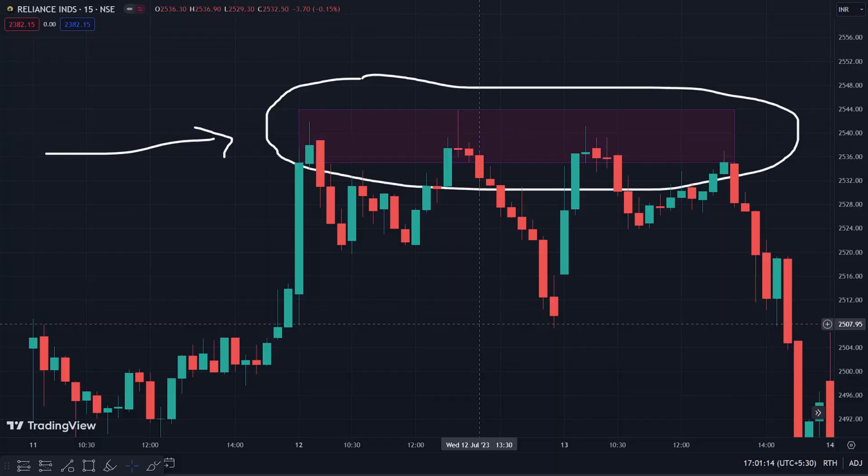We can only predict zones or areas. Let's say 2540 is a resistance area, which means not exactly 2540, the nearby areas are also a resistance zone. So we should note that the whole zone will be the support and resistance.